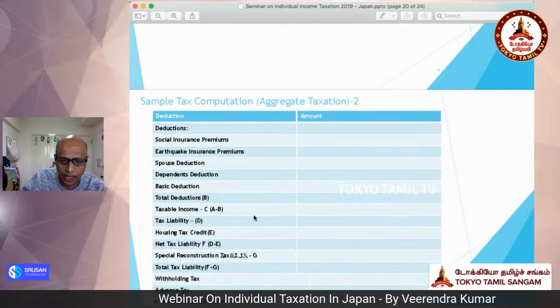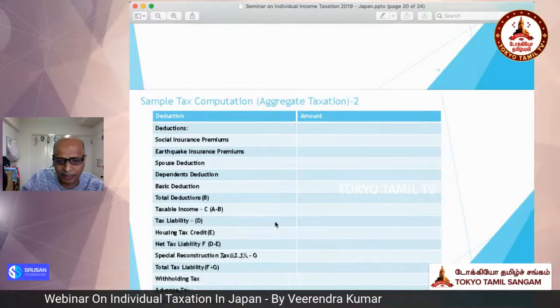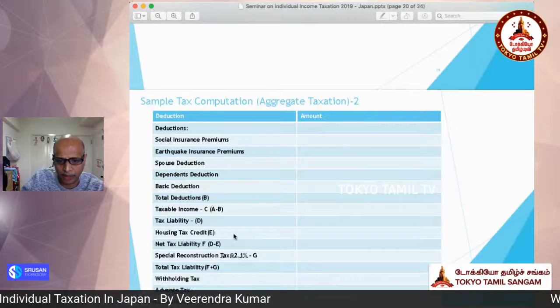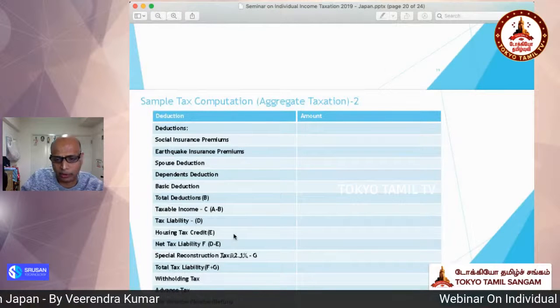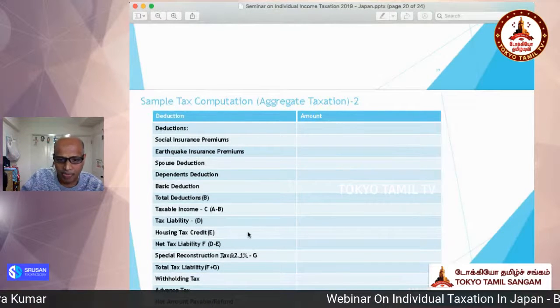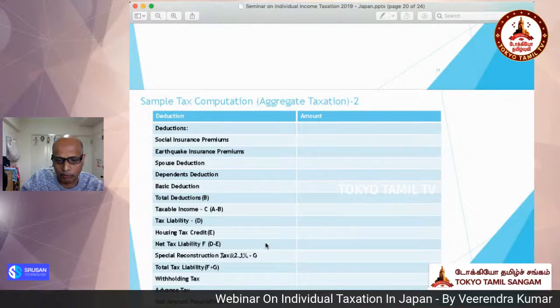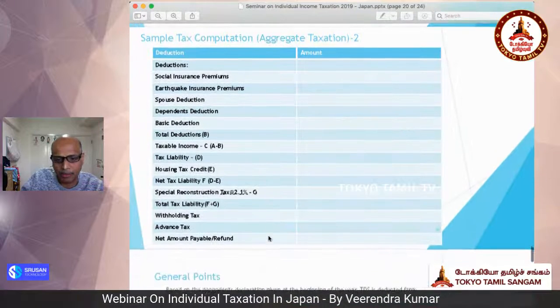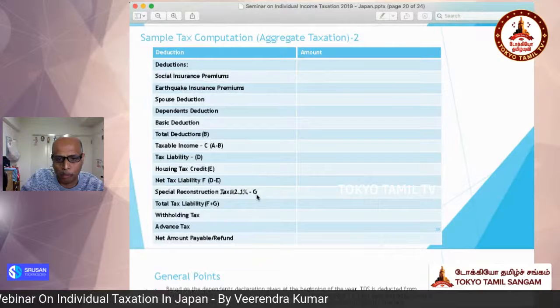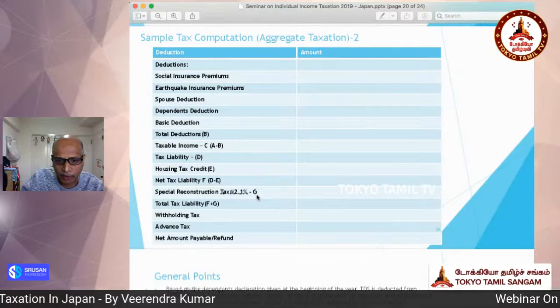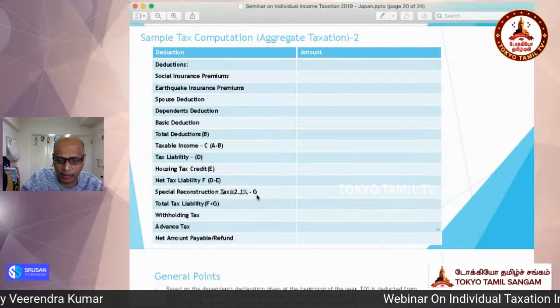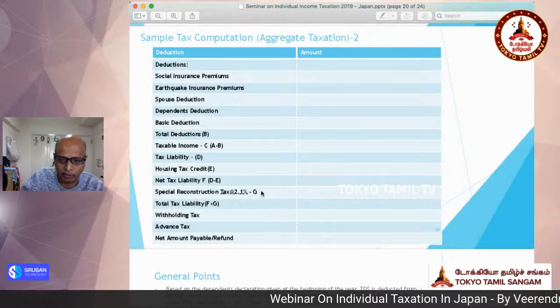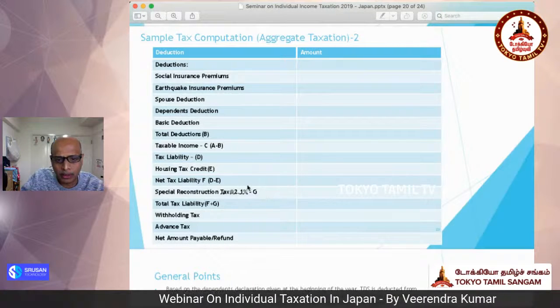And then on the taxable income, you calculate the tax liability, which is based on the rates we discussed earlier. From this tax liability, the housing tax credit, that 4 lakh or 1% of the outstanding loan balance, will be deducted, and the net amount will be the net tax liability. On the net tax liability, you have a 2.1% special reconstruction tax, which came into effect from 2012 because of the Fukushima disaster.